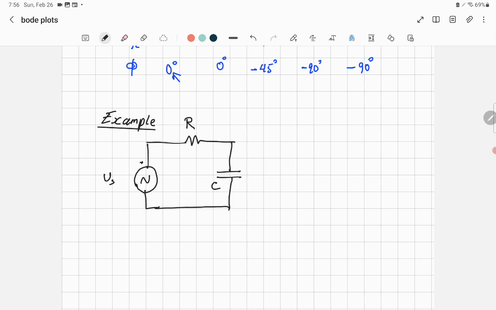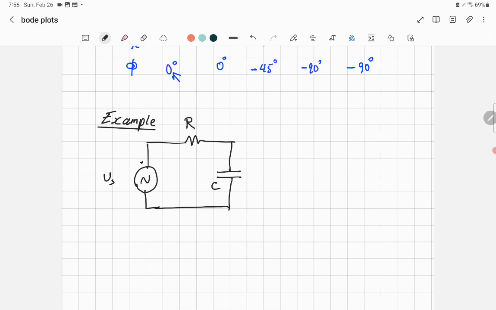Well, you can start by using the circuit to write the equation down, as you learned in circuit 2, and after that you apply whatever you're going to apply for magnitude or phase.